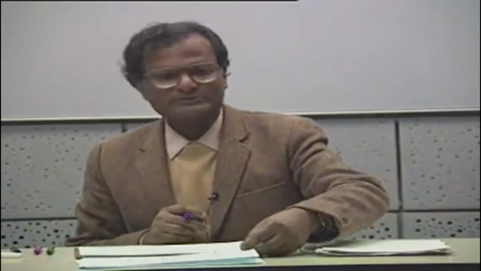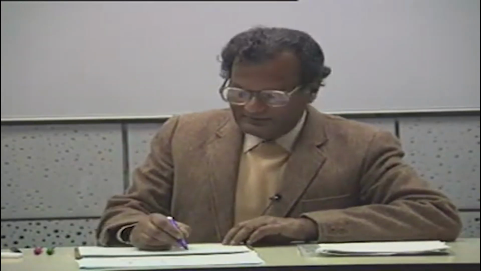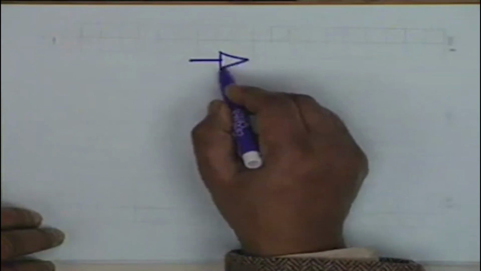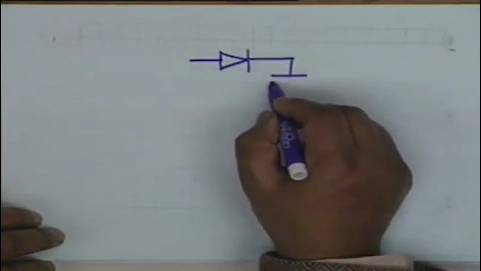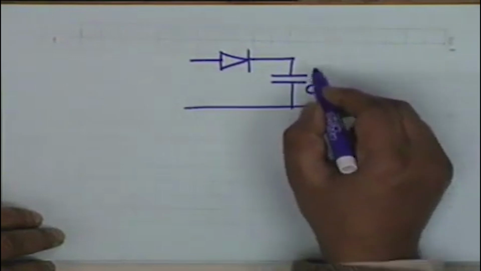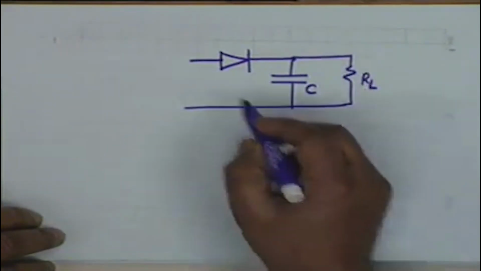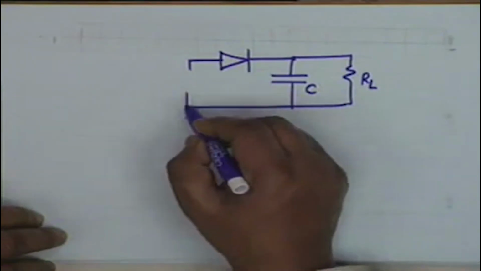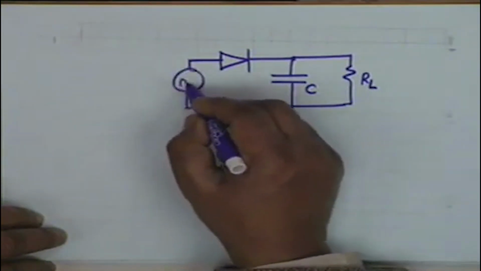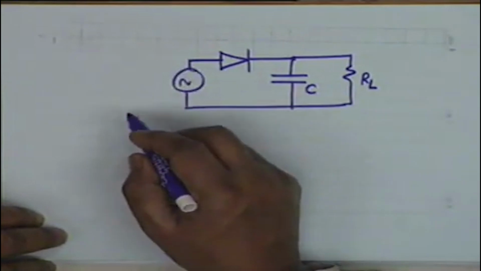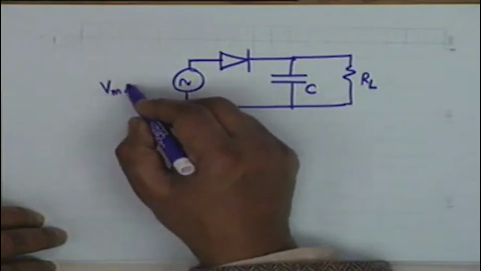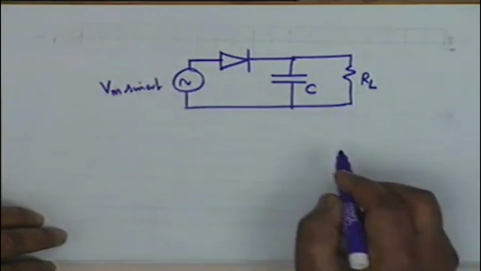We consider at this point in the course only the simplest filter, namely, let us consider a half wave rectifier and a capacitor filter. Capacitor C, then this is RL, and let us say we replace the transformer by an ideal voltage source, which is Vm sin omega t.